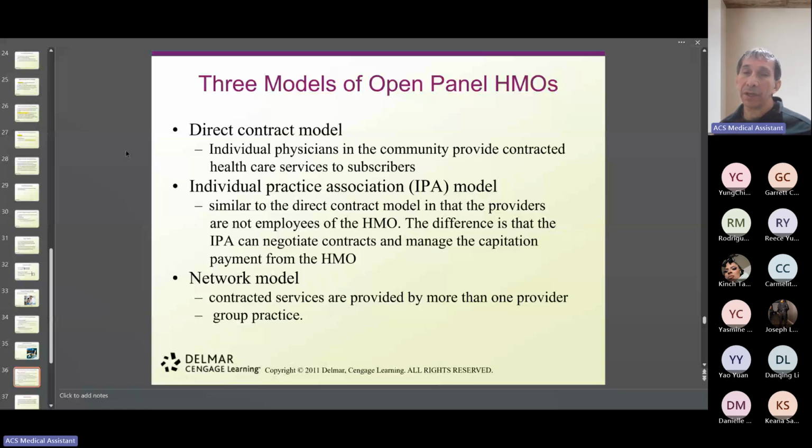Network model. Contracted services are provided by more than one provider group or practice. So it is a network. It is different insurances that you can access. They are HMOs.